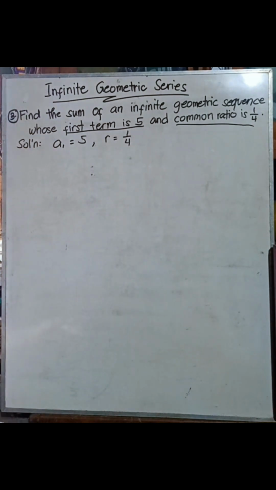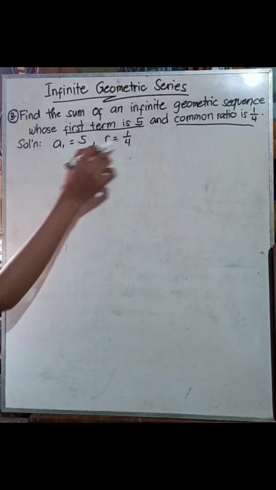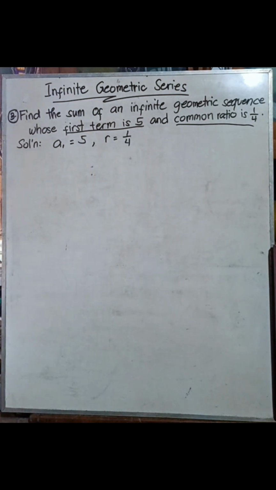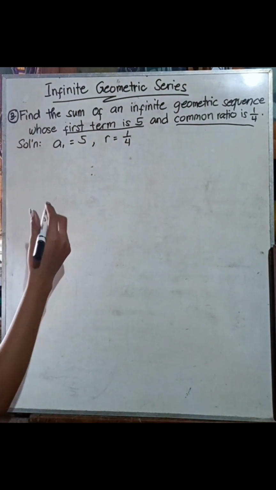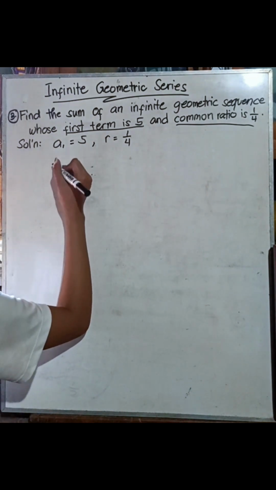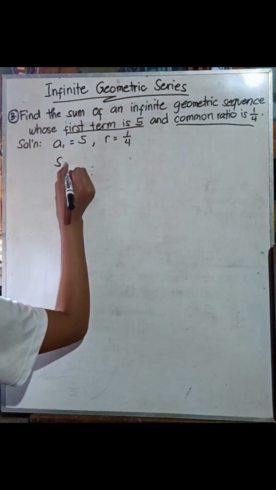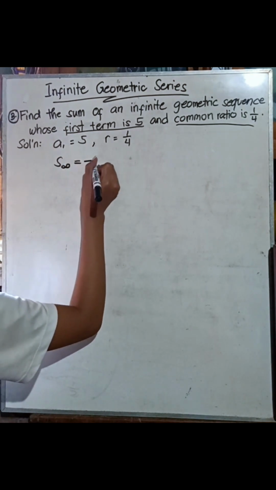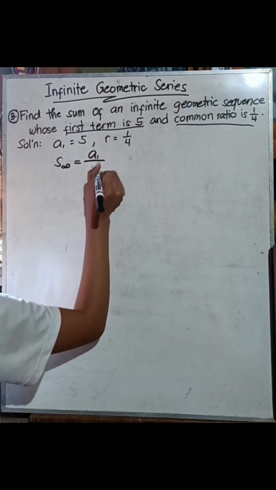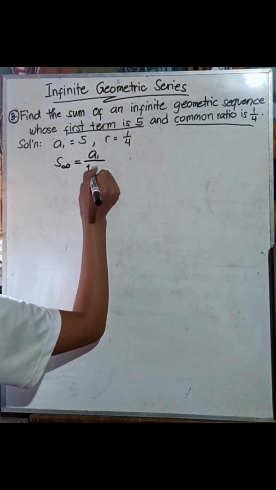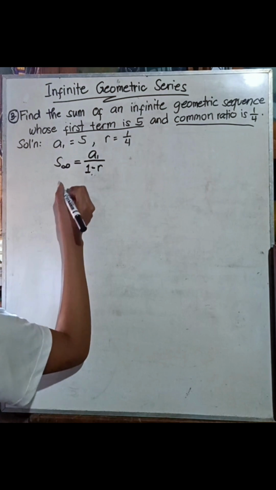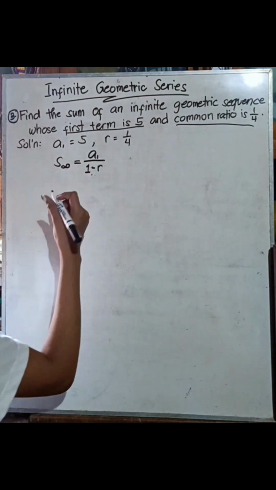The given is in the question. So now, let's substitute these values in our formula. So, what is our formula? In infinite geometric series, we have S sub infinity is equals to A sub 1 over 1 minus R. It is easy to memorize the formula.